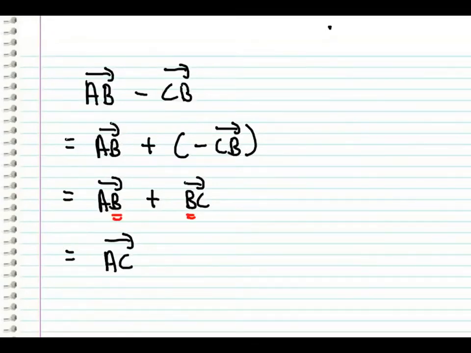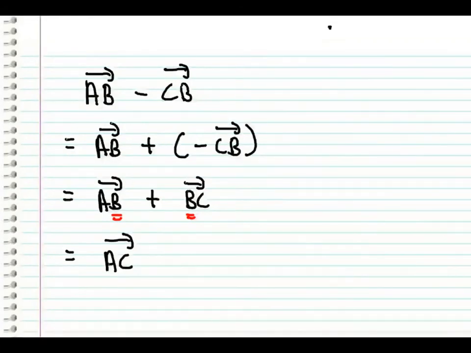Let us now apply to the following question. AB minus CB. Now, I did not teach you how to minus vectors, but look at the second line. AB minus CB is the same as AB plus the negative of CB. Remember that plus meets minus to give you minus.